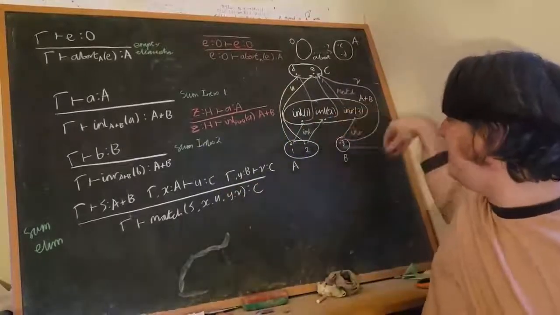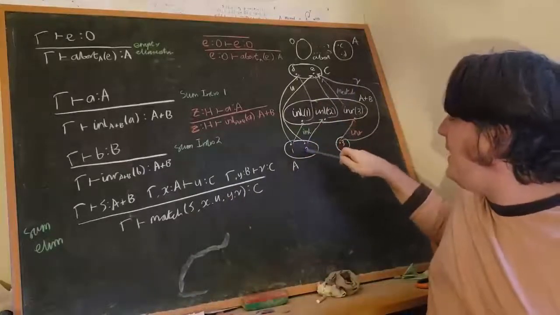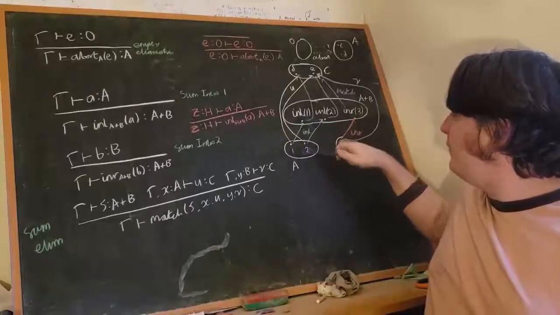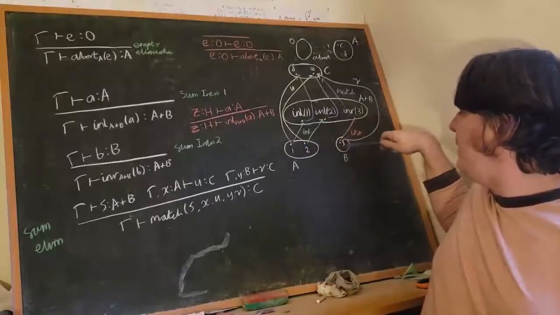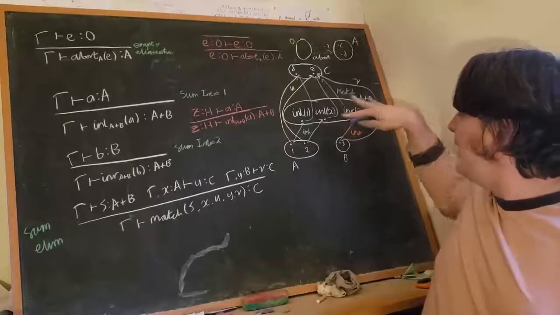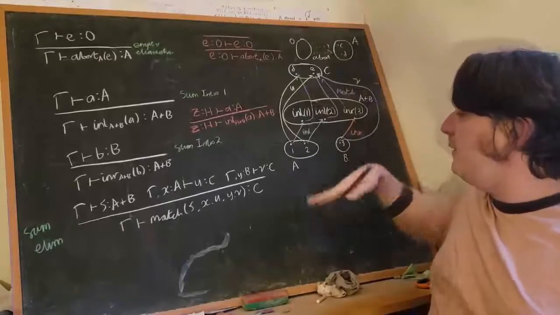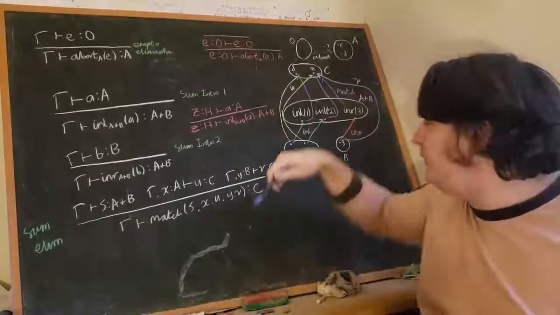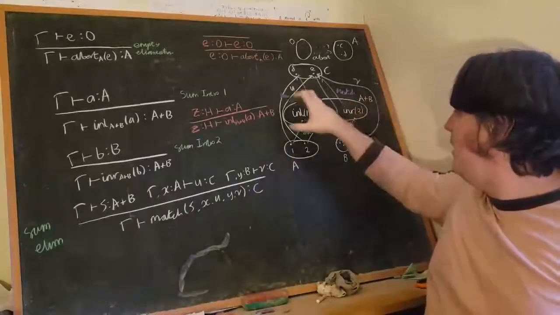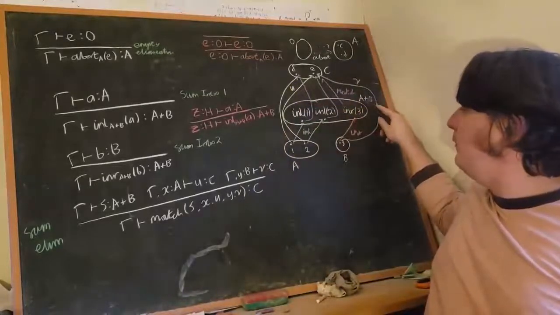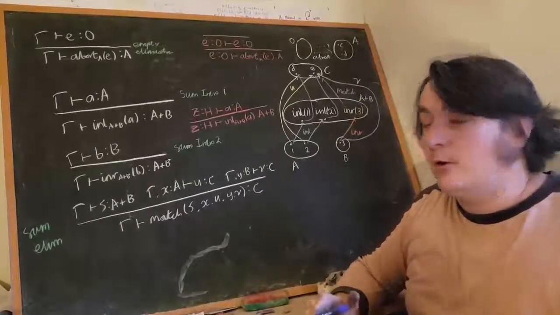If you have a set A and a set B, and you tag the values of set A by writing inL on the front of them, so inL of 1 and inL of 2, and you take the values in set B and put inR in front of them and gather all of those together, that's the set A plus B. So it's the disjoint or tagged union of these sets. You tag these ones with inL and these ones with inR and gather them together, and that's the sum of A and B, also known as the coproduct.